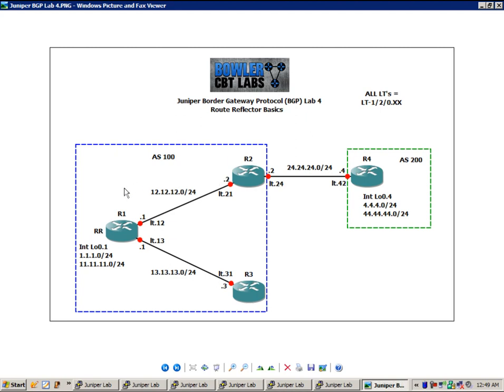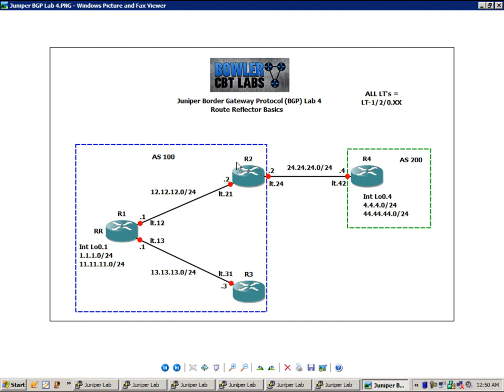So there must be a full mesh within your iBGP configuration, and this is to alleviate and combat the issue of routing loops. For instance, we all know that BGP uses the AS path attribute in its loop prevention and detection.